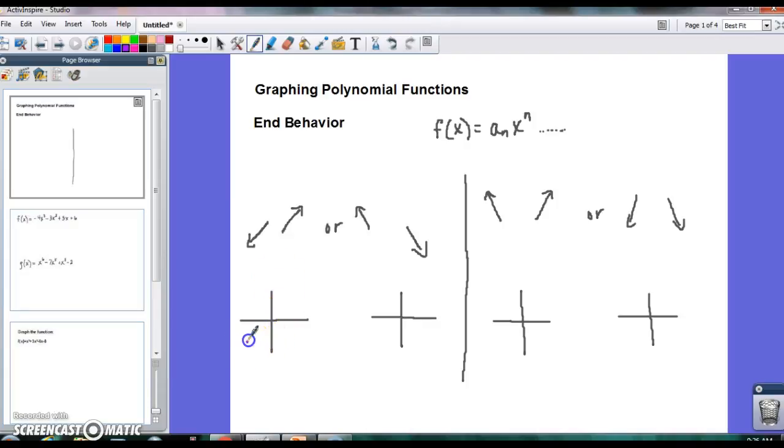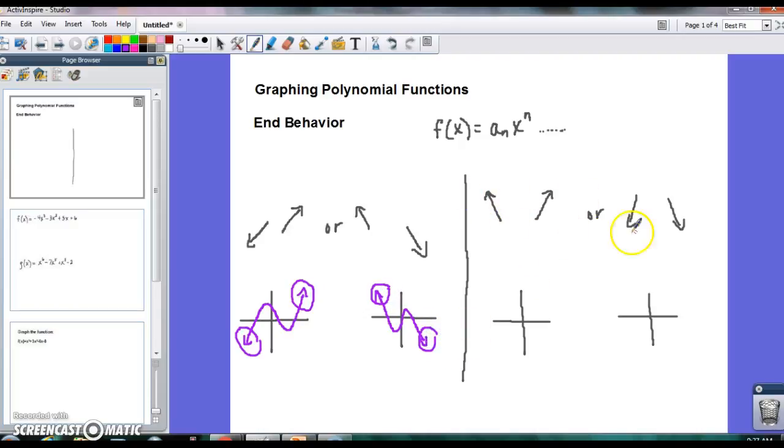For example, if you had a function that did something like this. Okay, that's what we mean by falling to the left and rising to the right. That's the end behavior. That's what we're talking about. Likewise, here on the second one would be a function that looks something like this. Okay, it's rising on the left and falling to the right. So all we're talking about here is what's happening at the ends of our graph.